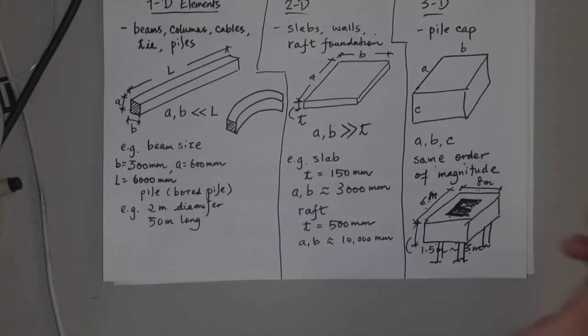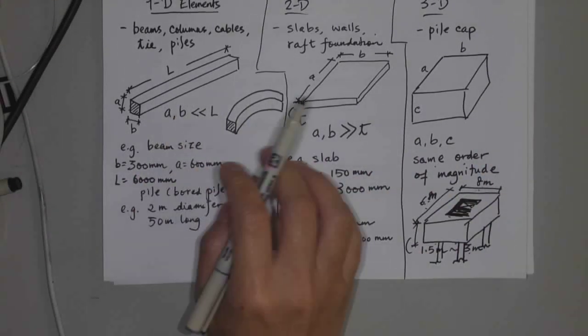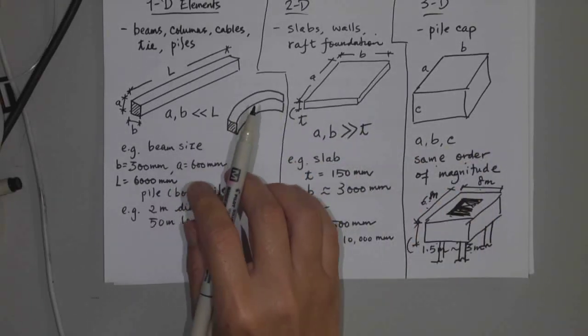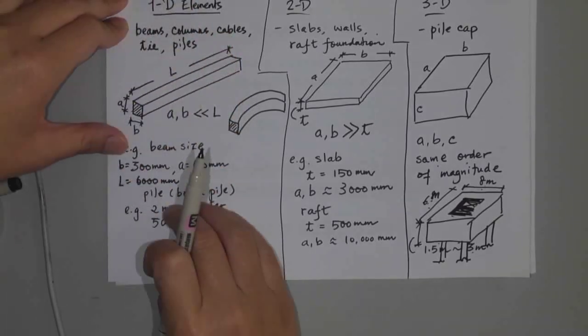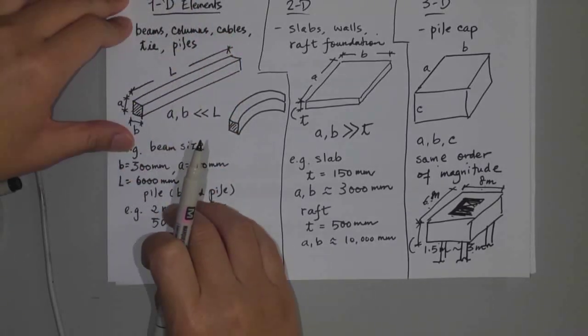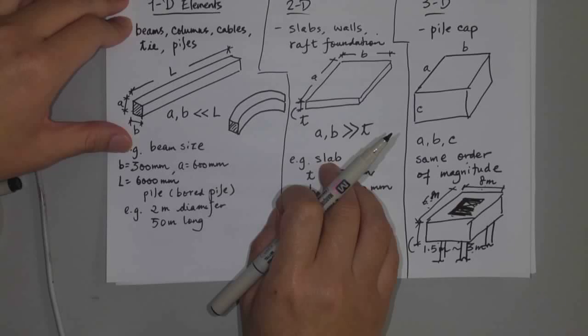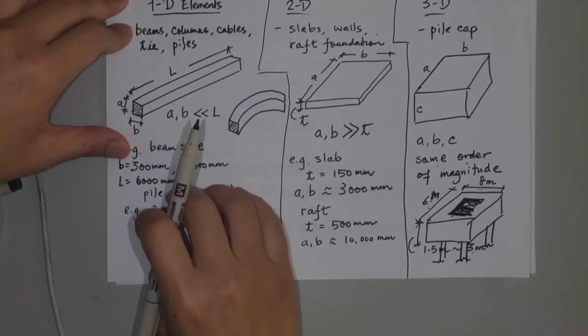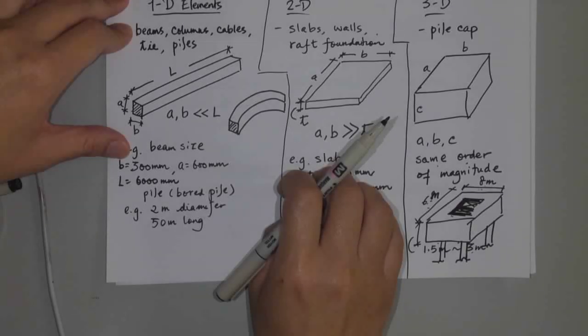And the good thing about these 3 classes is, for 1-dimensional and 2-dimensional, why do we need to classify these elements? Because the principles for 1-dimensional elements equally apply to 2-dimensional. So if you understand the principle for 1-dimensional elements, you can apply the same concept to 2-dimensional.